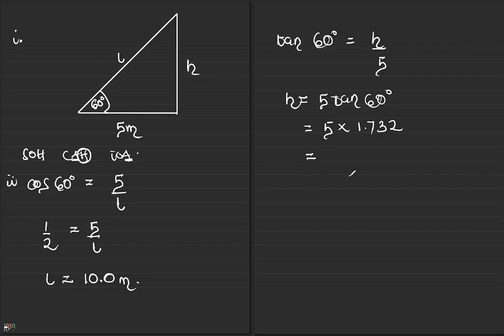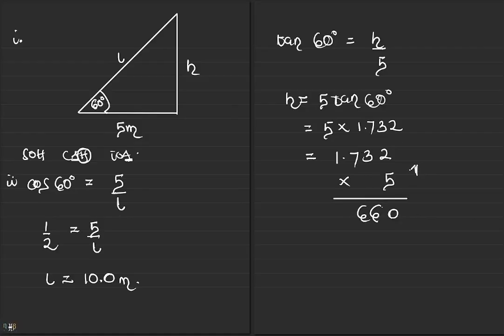Well, let me illustrate that for you. We have 1.732 times 5. So 5 times 2 gives us 10. We have a 0, carry 1. 5 times 3 gives us 15. 15 plus 1 gives us 16. So 6, carry 1. 5 times 7 gives us 35. 35 plus 1 gives us 36.